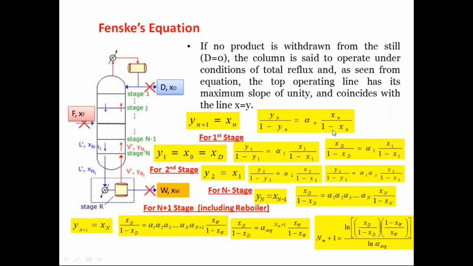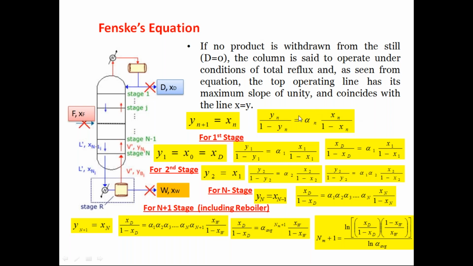And again we know the equilibrium relation. What is the equilibrium relation? For a binary system, alpha is equal to the ratio of the mole fractions in the vapor of the two components, more volatile to less volatile, divided by the ratio of the compositions of the more volatile component to the less volatile component in the liquid phase.